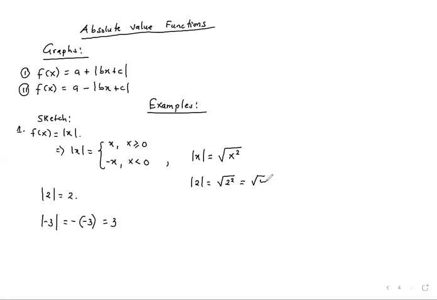This is the square root of 4, which is 2. So it doesn't change it if it is already positive. Now let's see the absolute of negative 3. This will be the square root of negative 3 squared, so that we get the square root of 9, which is 3. The idea was to make this negative 3 positive, and we have made it positive.